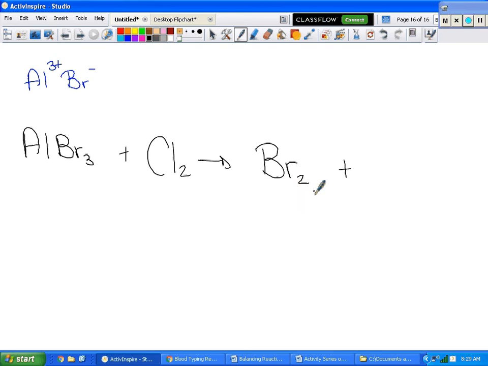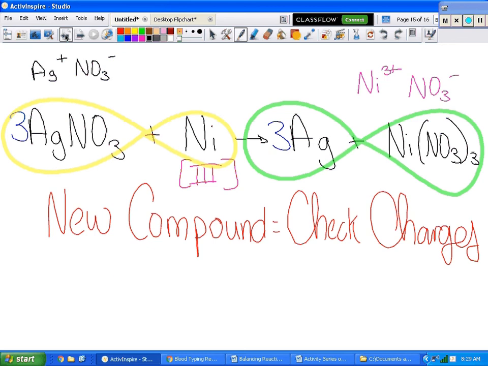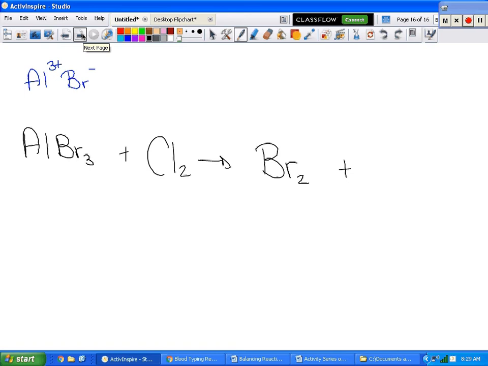Okay. Who's chlorine now with? Aluminum. So I'm going to go back one slide. New compound. Has Al been with Cl before? So what do you do? Check the charges. So we're going to write a brand new formula. What group is aluminum in again? Did it change? Nope. It's 3 plus. Chlorine's in group 17, so it's 1 minus. So what's your chemical formula there?